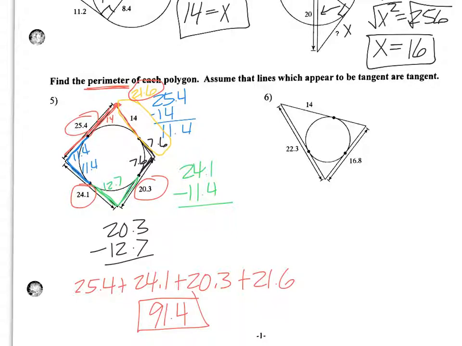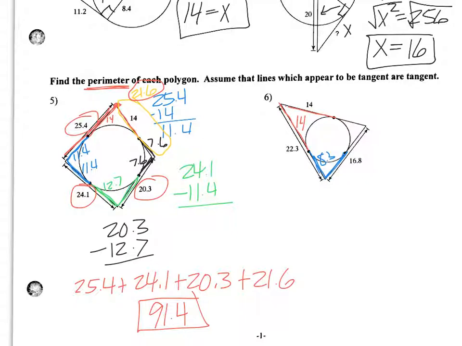All right, what about this next one? Okay, let's do the same sort of thing here. So if that's 14, then that means that right there is 14. Okay, so now I'm going to do 22.3 minus 14, and that gives me 8.3. So that means this right here is 8.3, which means this is 8.3.